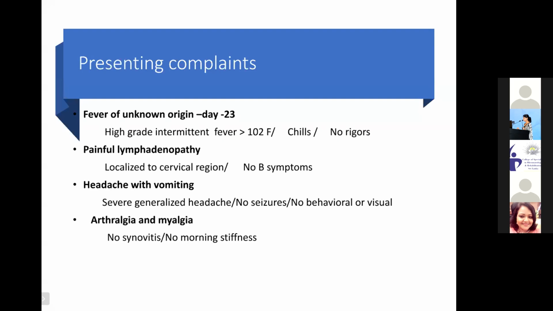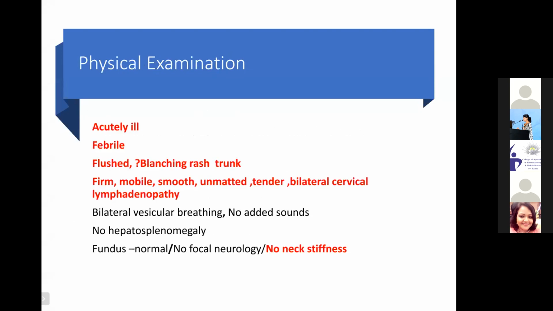There was painful lymphadenopathy localized to her cervical region without any B symptoms. She complained of severe generalized headache with vomiting, but there was no history of seizures, behavioral changes, or visual symptoms. There was no acute synovitis or morning stiffness.